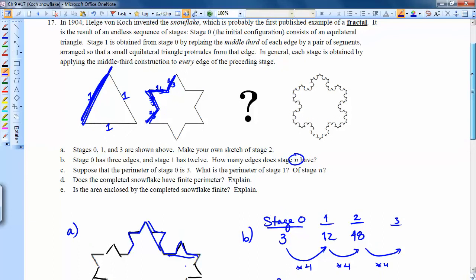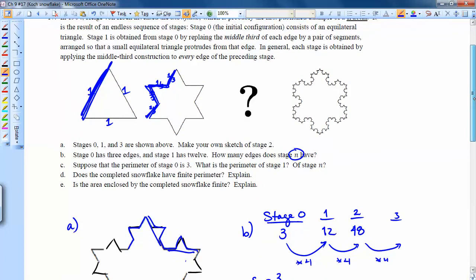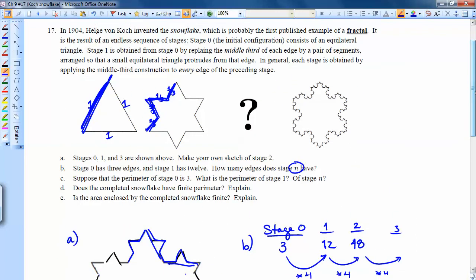What about E? E asks, is the area finite? And it turns out the area is finite. In fact, if you think about it, let's take this stage right here.